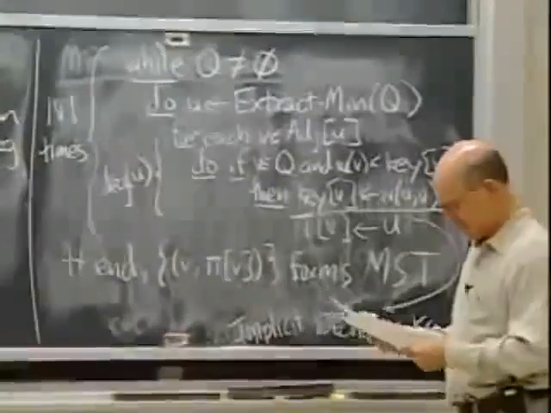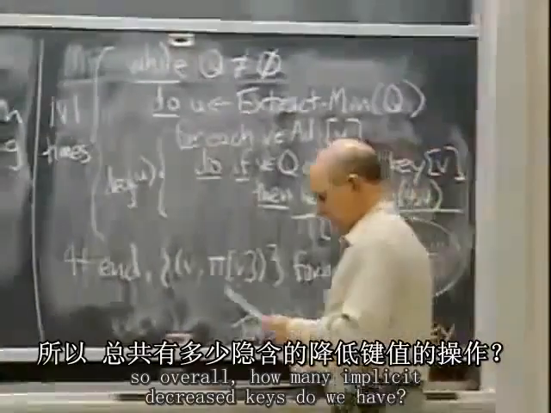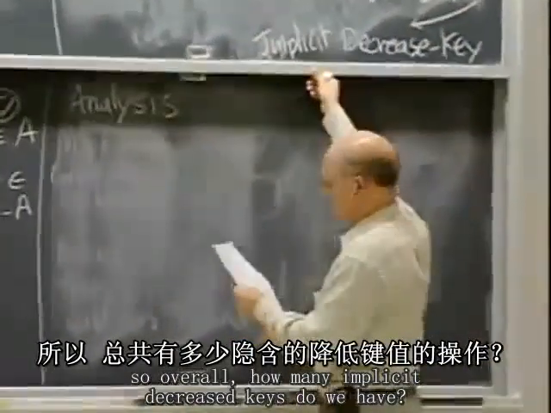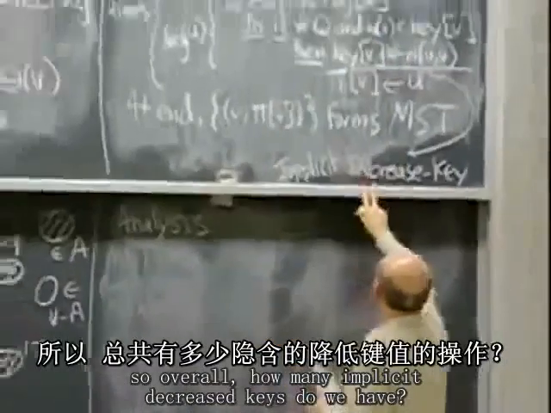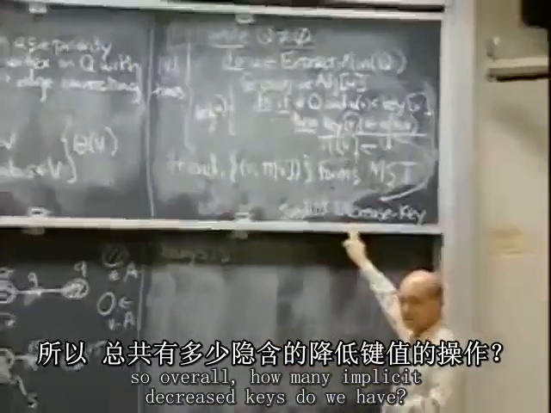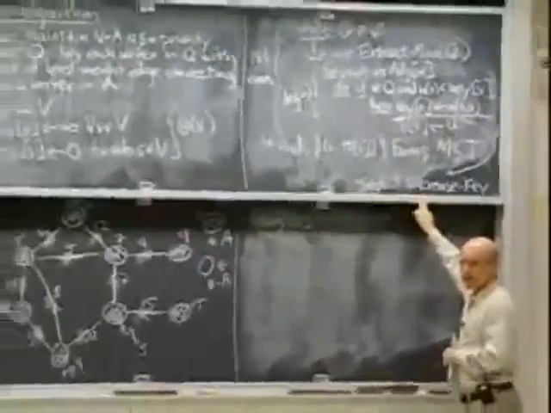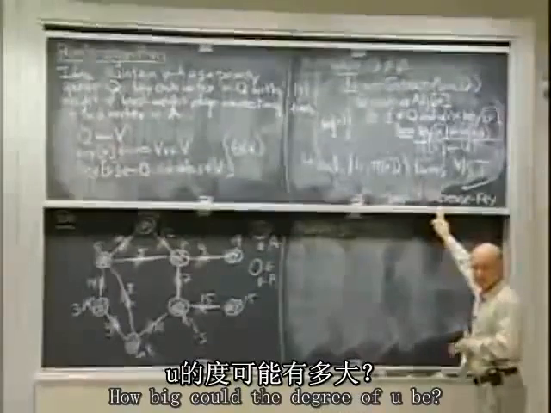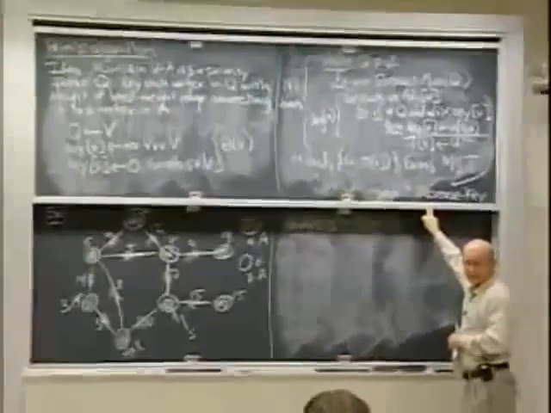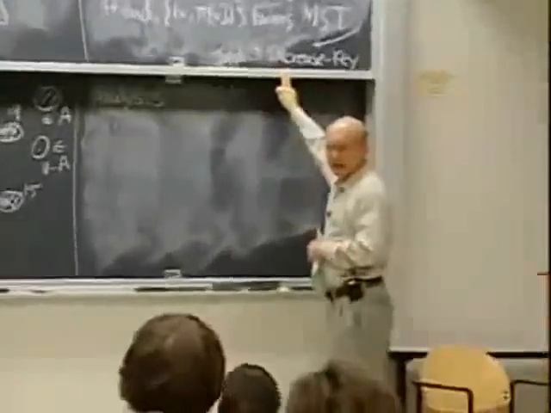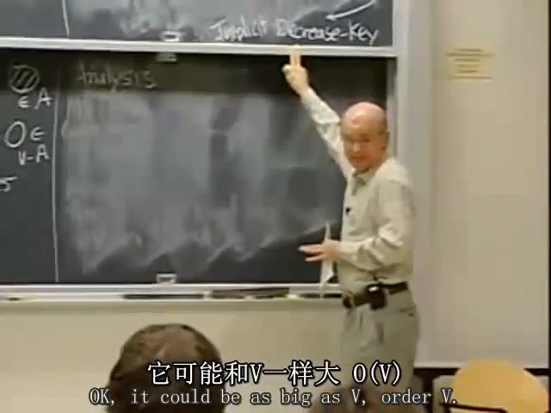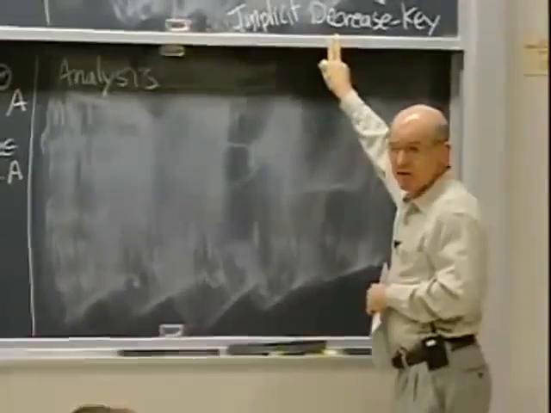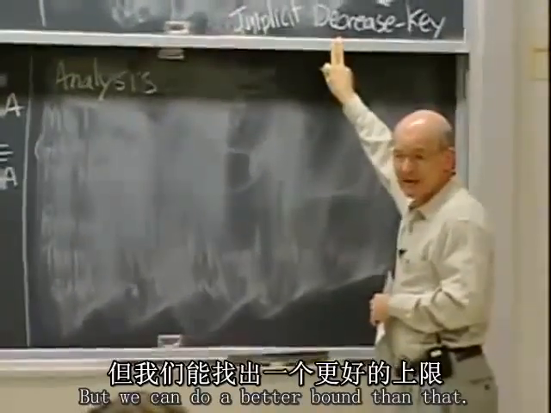So overall, how many implicit decrease keys do we have? Well, we have V times through. How big could the degree of u be? It could be as big as V, order V. So that's V squared decrease keys. But we can do better than that. How many do we really have?